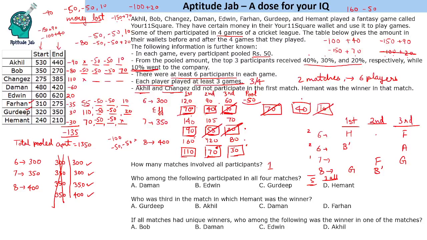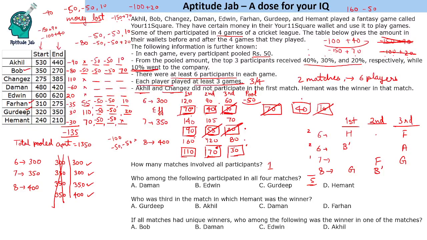Now we know that three people will play all matches. So we have known that Bob plays all matches, Farhan plays all matches and Gurdeep plays all matches. So Daman and Edwin will not play one of the matches. Now Daman has to make minus 60. The only way he can make minus 60 is this way, because if he loses all three matches he will end up making minus 150.